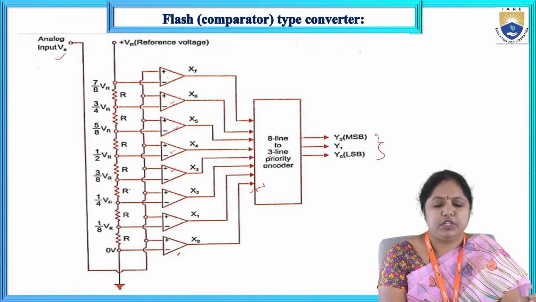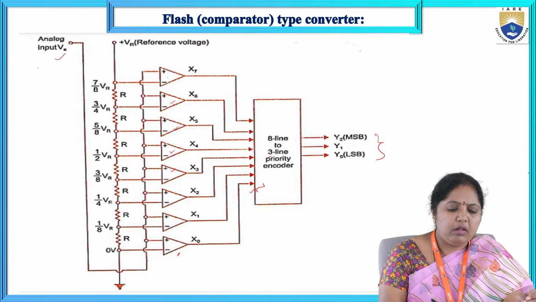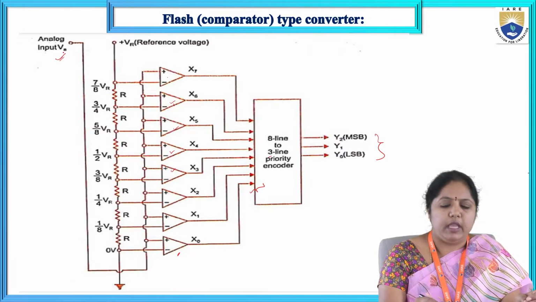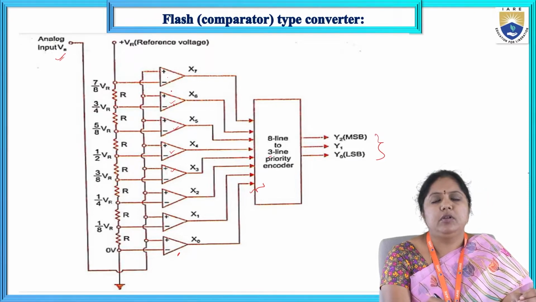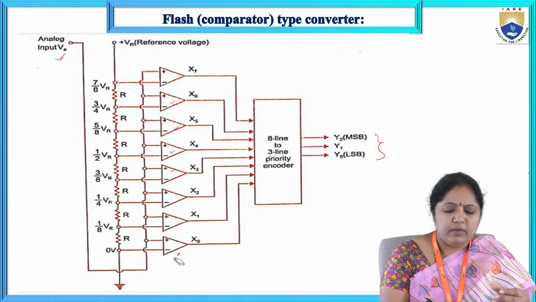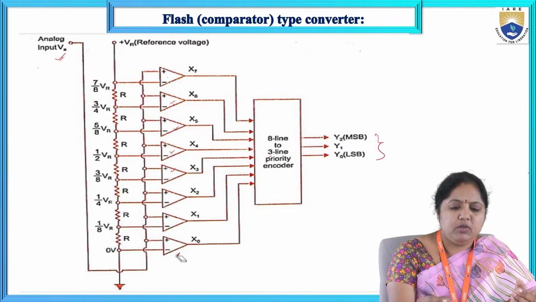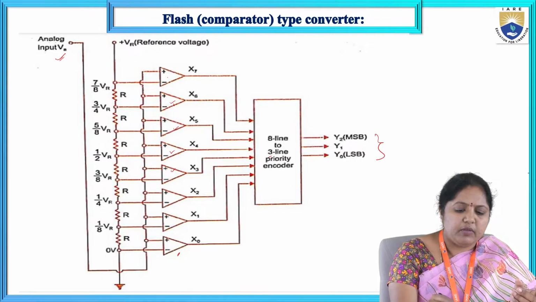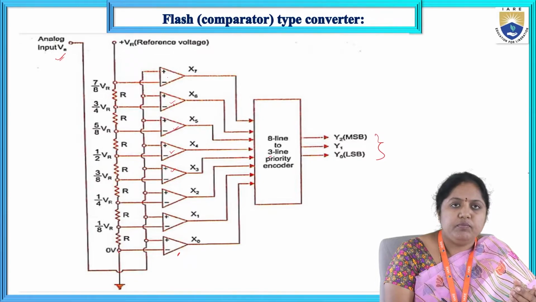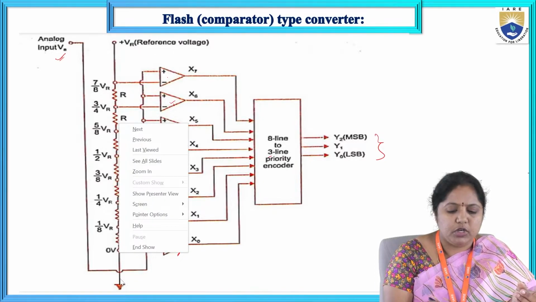If you see this connection, all the positive connections are short circuited to the analog voltage VA. And what about the negative? The negative terminal of the comparator consists of the reference voltage, right? Reference voltage. So here also the negative terminal is connected to the reference voltage. Here the negative terminal is connected to 0 volts, directly short circuited to ground.